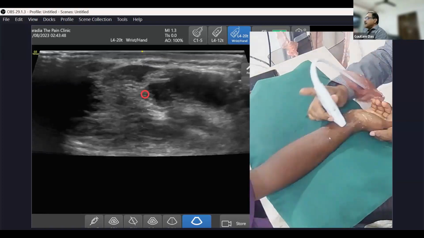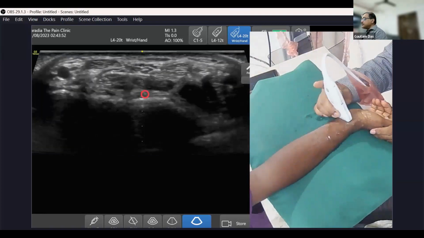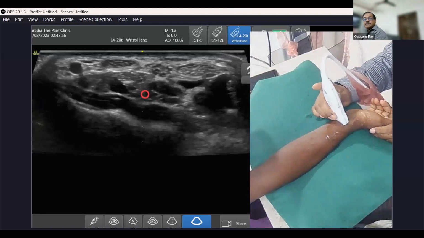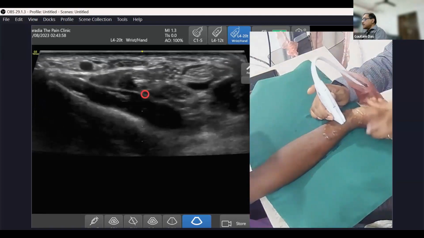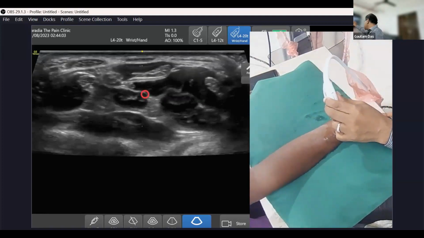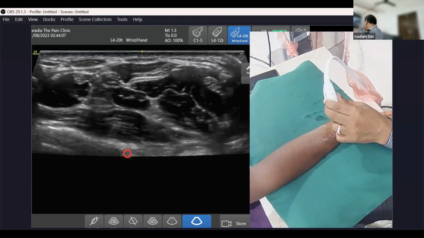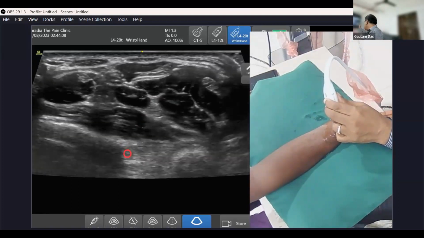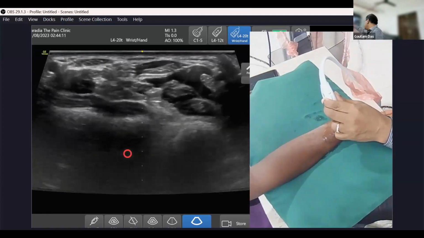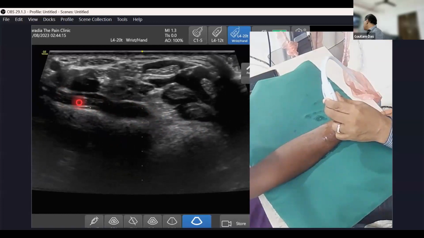Okay, so my aspect marker is now towards the radial side, and it is on the left side of the screen. So this muscle is your pronator quadratus. This is the radius. Let me increase the depth a little more. So this side is your radius, this is your ulna, and this muscle is basically a horizontal muscle, the pronator quadratus.